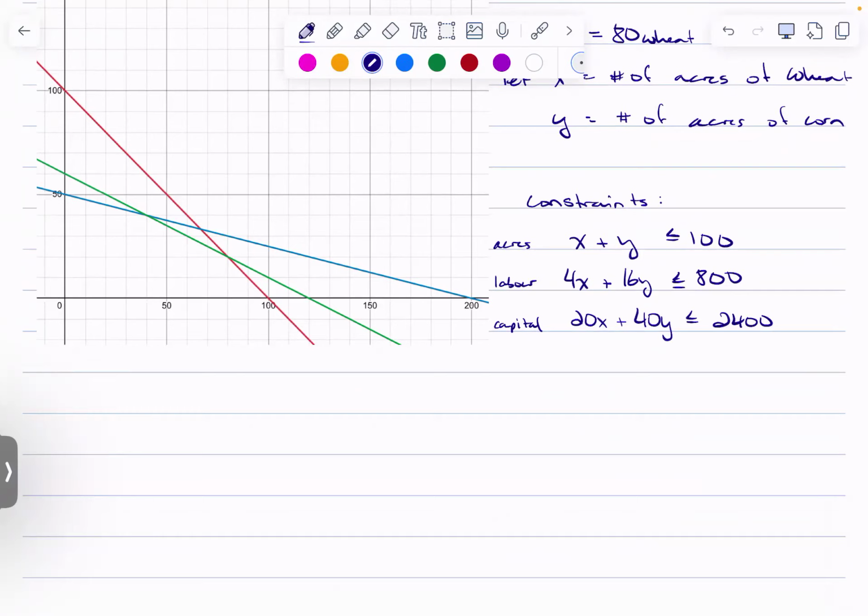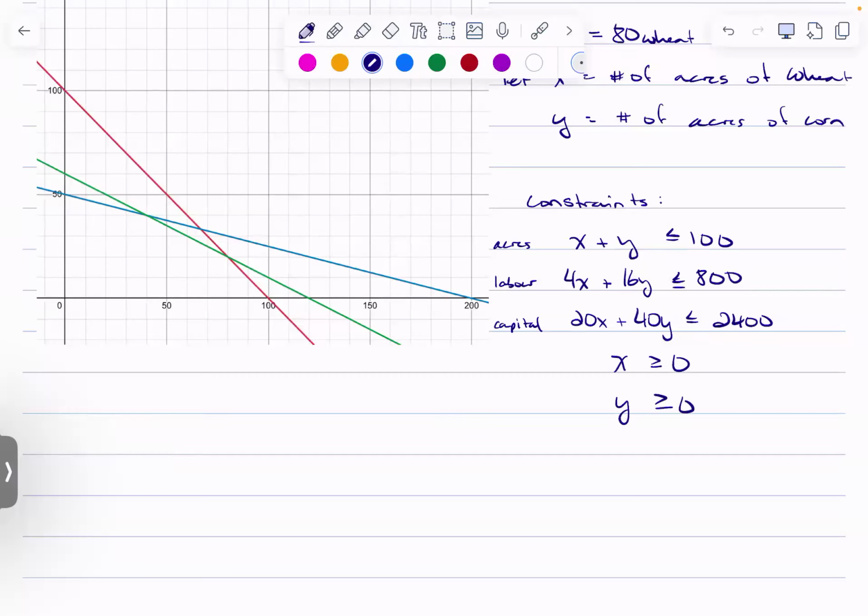We need to figure out, well, in this case you don't actually need to figure out which line is which, I guess, because they're all less than, right? And so they're all going to be below. And of course, I keep forgetting, x has to be greater than or equal to 0 and y has to be greater than or equal to 0.